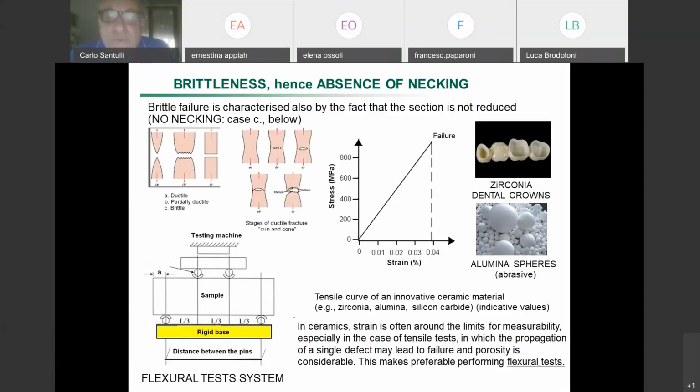a characteristic which is important in ceramics, because they tend to be porous, and pores mean that they can interact with cracks.